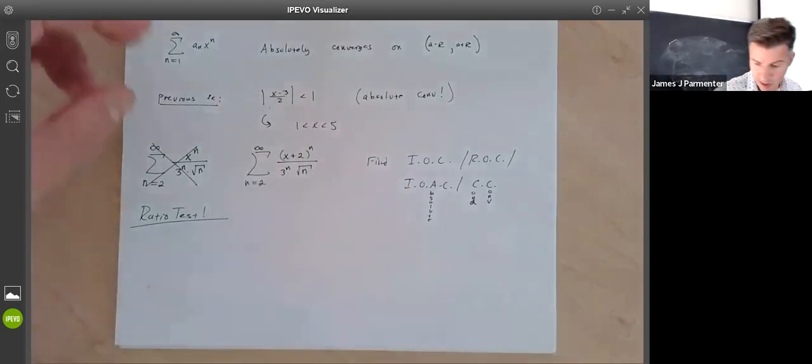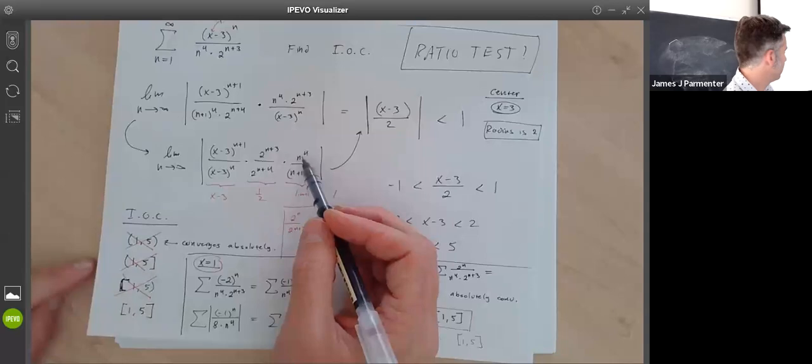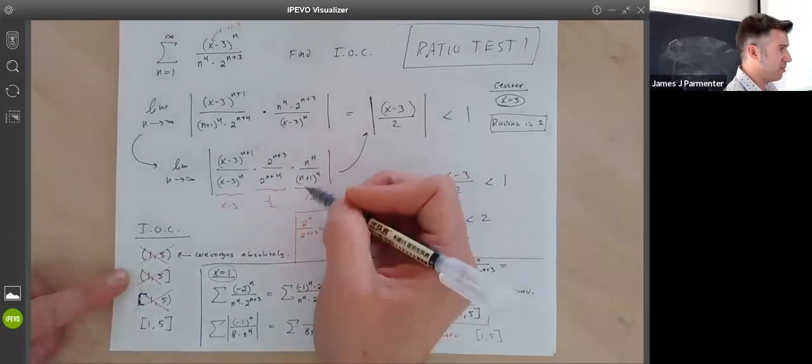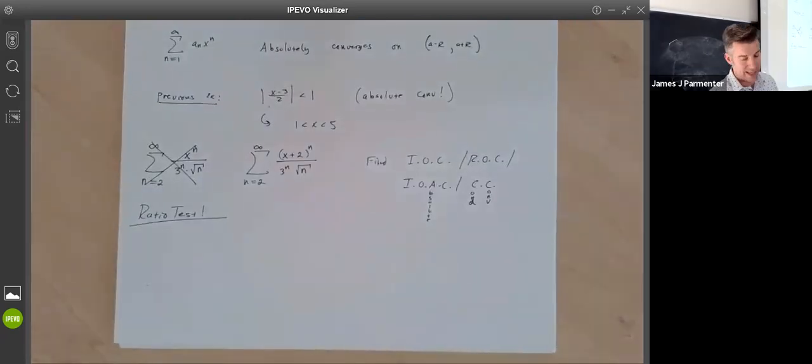When you did the ratio test of the previous problem, that n to the fourth didn't do anything. N to the fourth over (n plus 1) to the fourth, that limit became 1. And I can't think of a time where that wouldn't be the case. The only time you have really funky stuff happening is when you might have an n factorial or something like that, but n to a power, n squared, n cubed, square root of n really doesn't contribute anything. We still need to write it down when we do it, but you should just be aware that that part's just going to give us the 1.